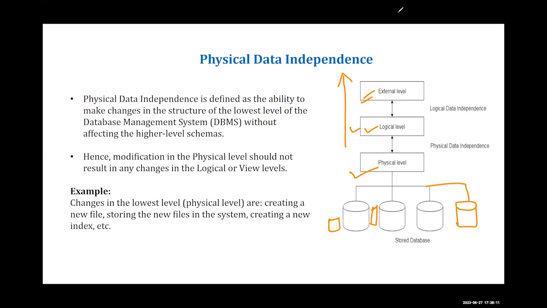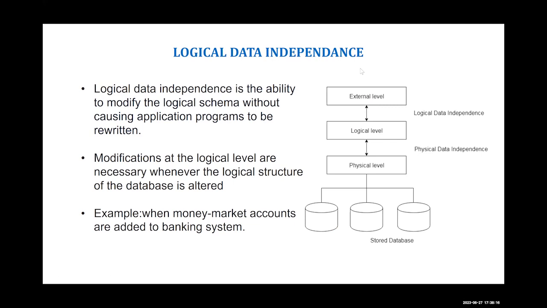Next we have logical data independence. So what is logical data independence? It is the ability to modify the logical schema without causing the application programs to be rewritten. The application program is nothing but the external level. So when you change the logical level, the external level should not be affected. Modifications at the logical level are necessary whenever the logical structure of the database is altered.